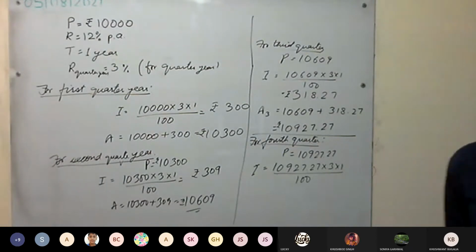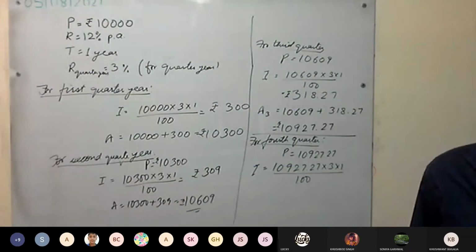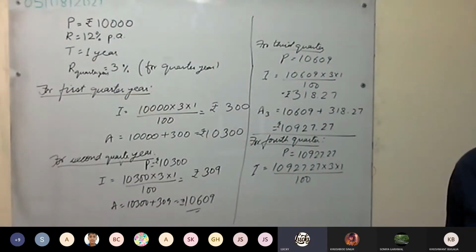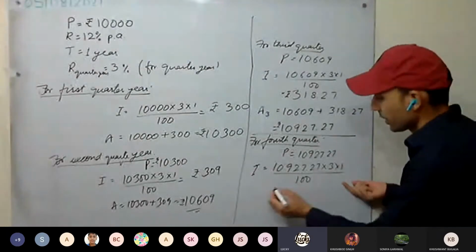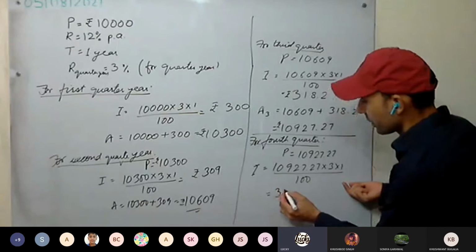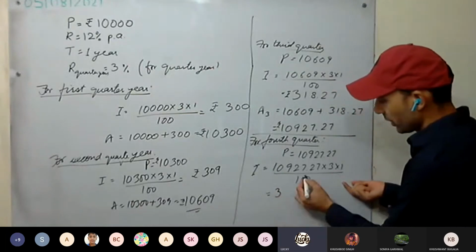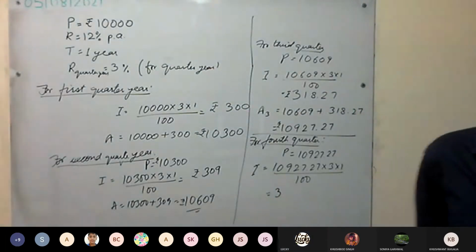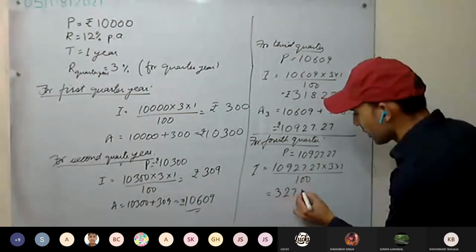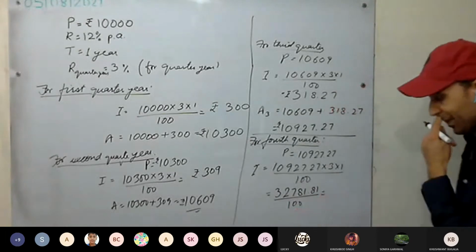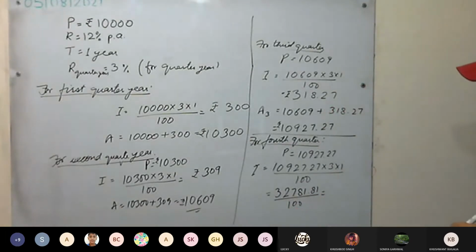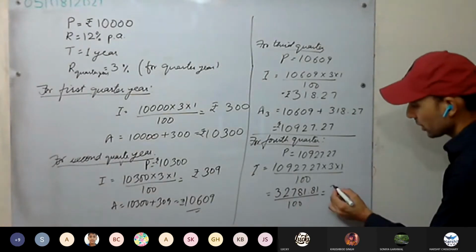Okay, multiply them and do let me know as well how much you have got. 32,781.81 divided by 100 as well. You're getting 327.8181. Okay.